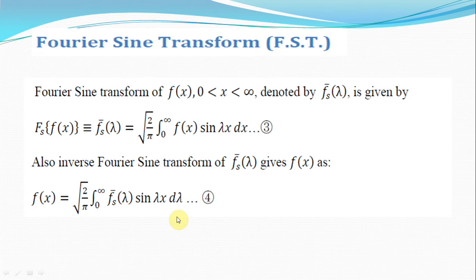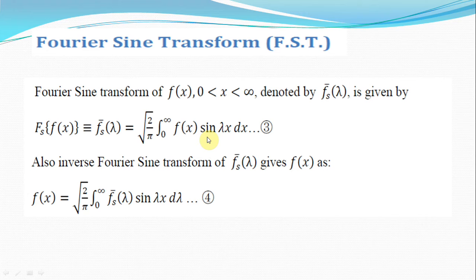Now we have the Fourier sine transform. Fourier sine transform is denoted by fs bar of lambda, or it can be denoted by Fs of f of x. Fs of f of x is equal to root of 2 by pi integral 0 to infinity f of x into sine lambda x dx.